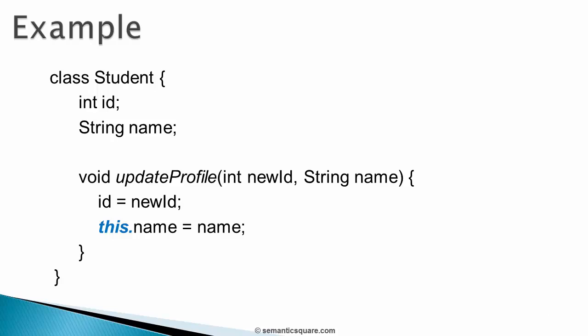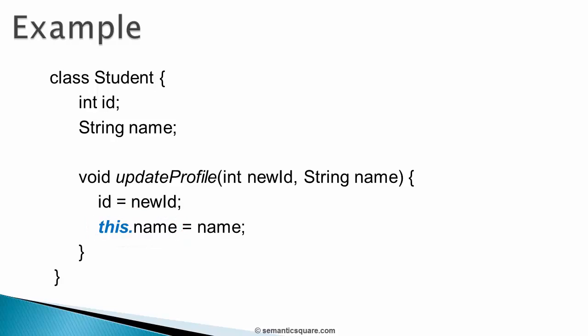And any reference to the variable name from within the updateProfile method is actually a reference to the method parameter and not the instance variable. So if you want to access the instance variable name from within the updateProfile method, you would have to use this reference. That is, you would say this.name as shown here.